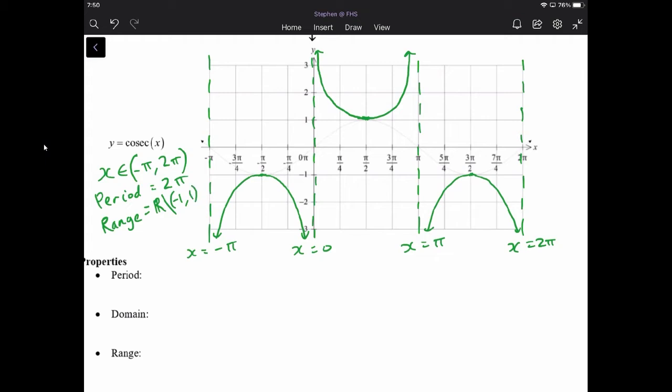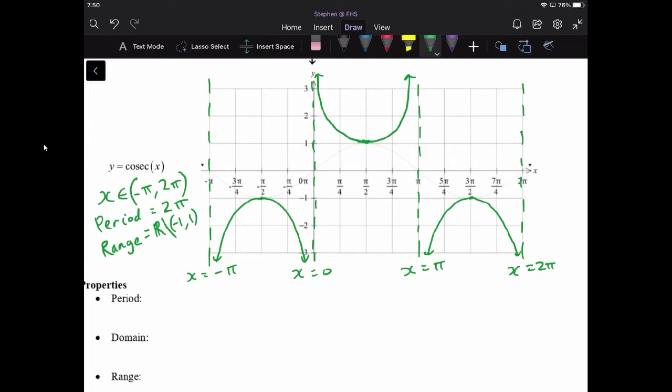So if you look at the y values between -1 and 1, let's highlight them. These y values between -1 and 1, there's nothing there. There's no y values of the cosec graph that exist over those y values. There's no actual points, and therefore we're basically excluding all of those.